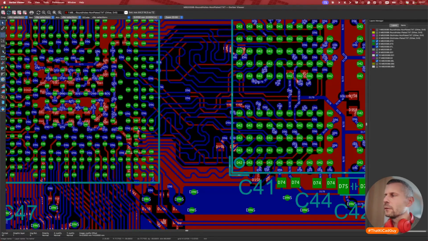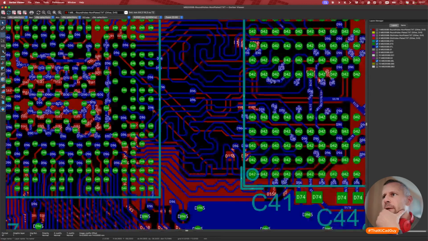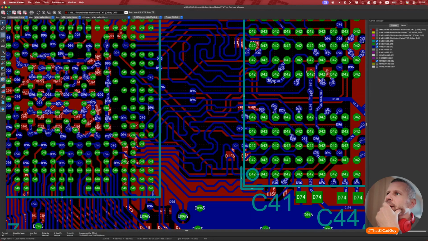What's that? Okay. Again, 4 gap, 2. These 2 probably. Yeah, because this is not PTH, it's via only.